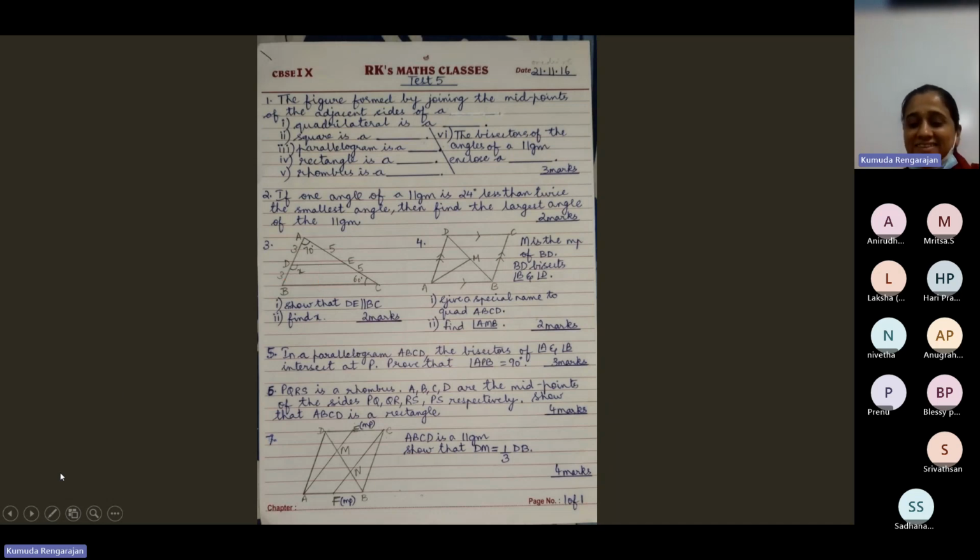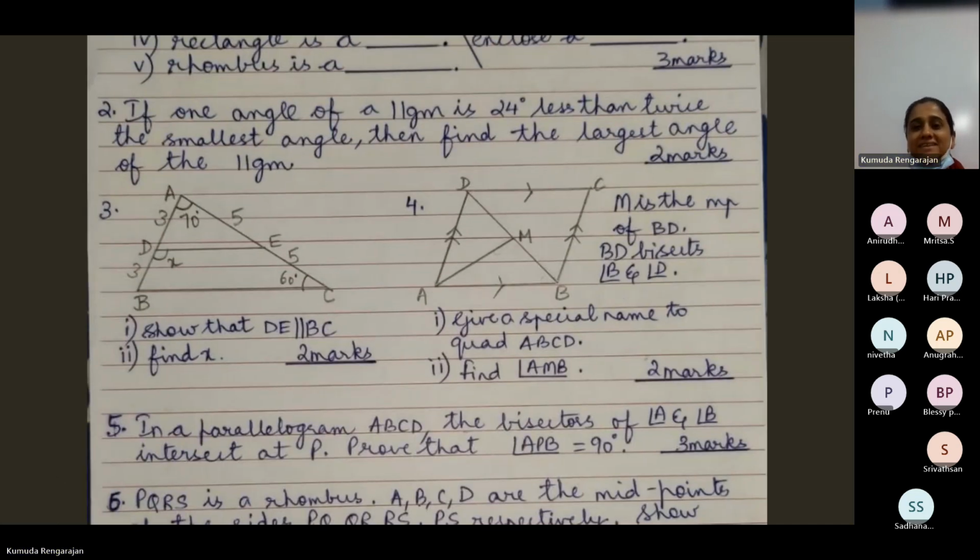Correct. 90. It's given that M is the midpoint of BD. It's a rhombus.